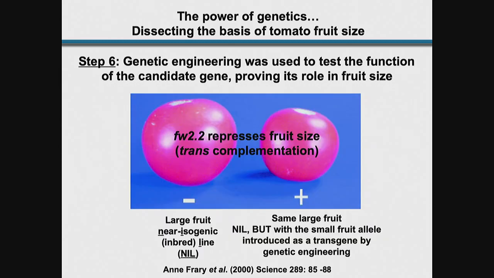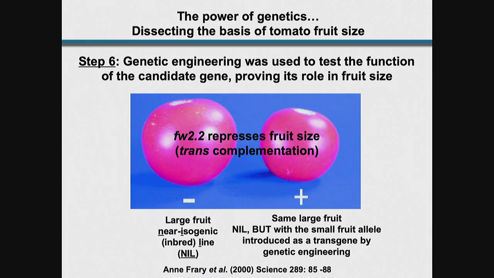But really the clincher is you need the experiment that shows that this is actually the gene responsible, right? Right now we're still holding a smoking gun. We've got a statistical association, we've got a lot of thoughts on how that particular gene might be regulating fruit size in tomato, right?